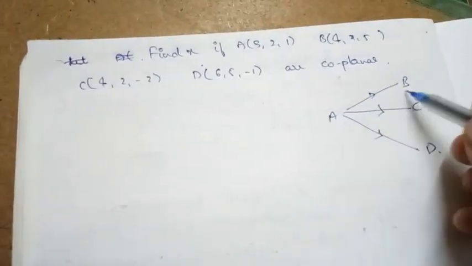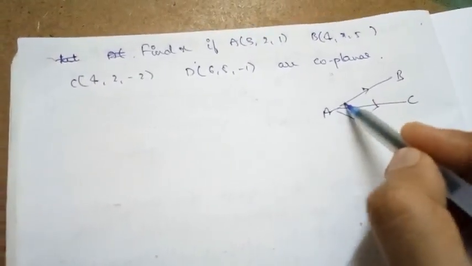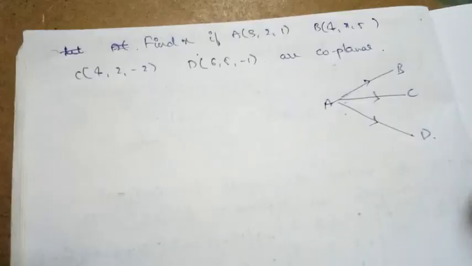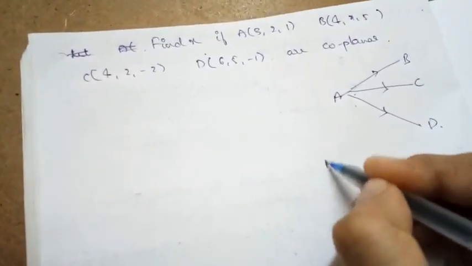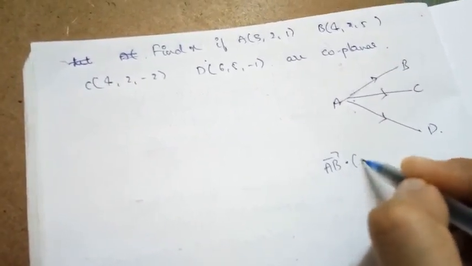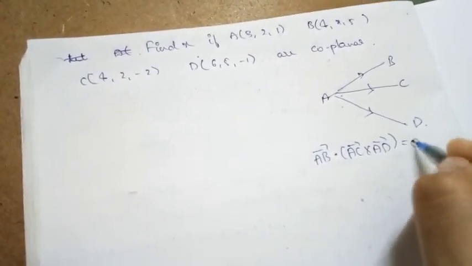We know that if 4 points are coplanar, obviously our vector AB, vector AC, vector AD are also coplanar. When these 3 vectors are coplanar, we know that vector AB dot vector AC cross vector AD is equal to 0.